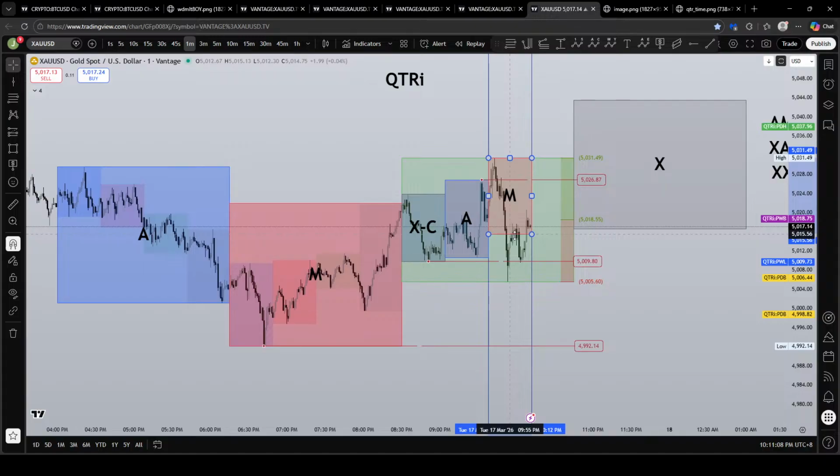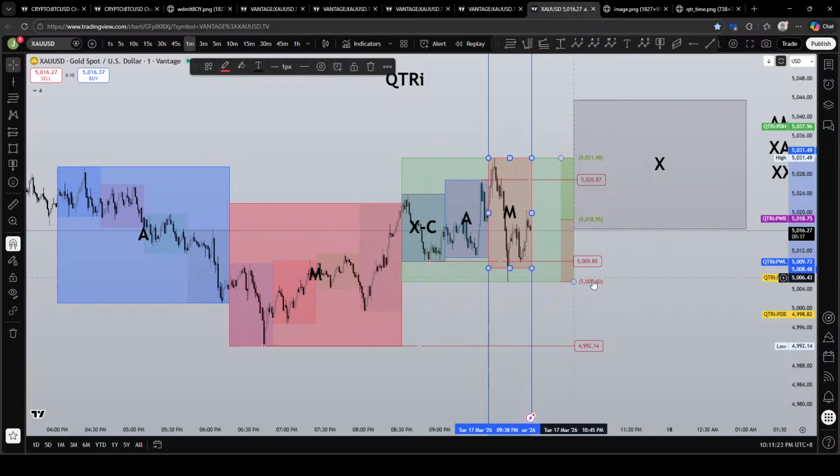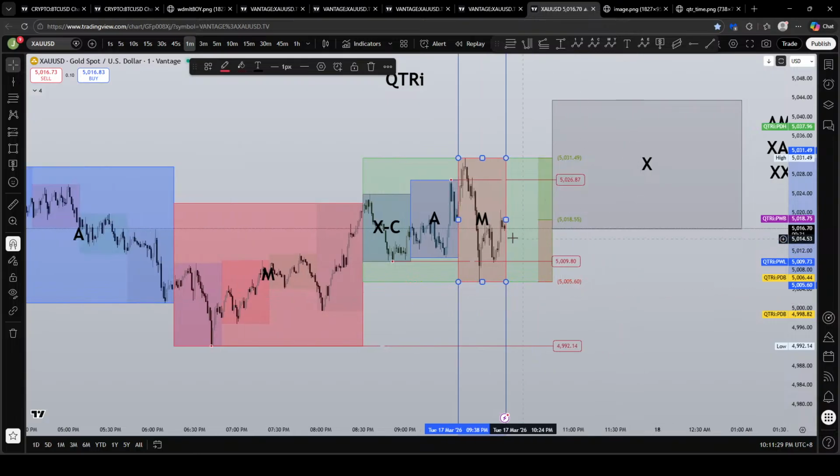The ideal, of course, will be a high or a low only, a sweeping of the high or the low only. That will be the ideal manipulation. However, there are cases that both the high and the low of the current quarter will be taken, and this will give you an idea that that current subquarter is really the manipulation phase.